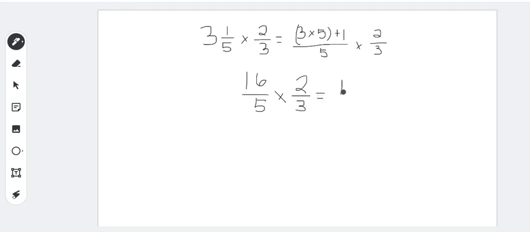Again, it's numerator times numerator, and denominator times denominator. I always like to do this step just to line everything up, make sure everything is equal and makes sense. 2 times 16 is going to be 32, and 5 times 3 is 15.